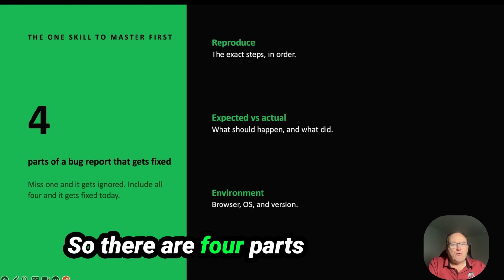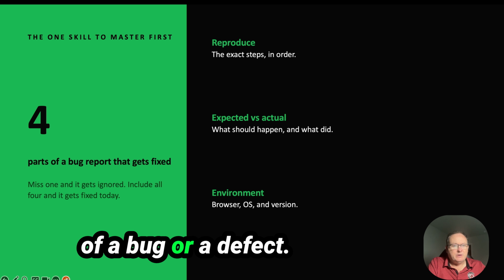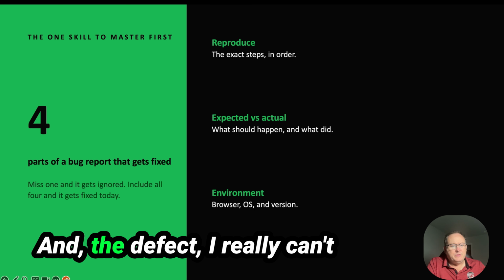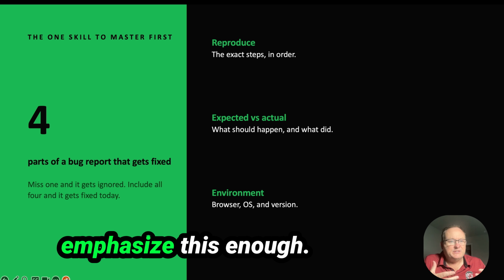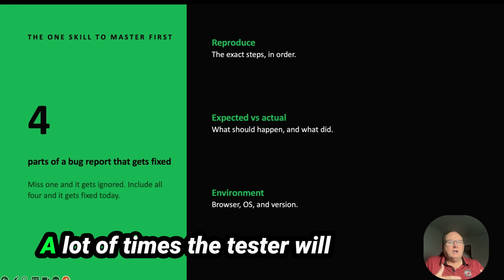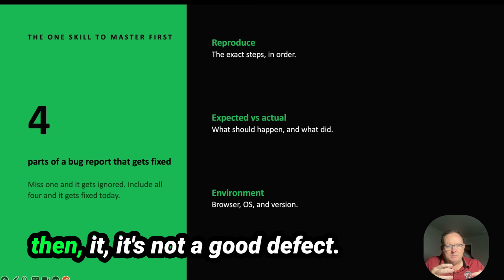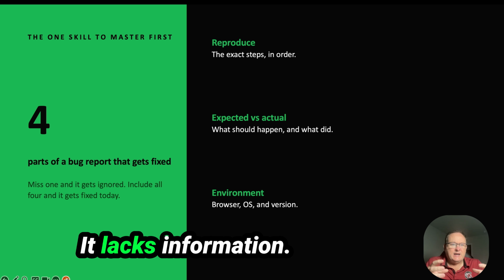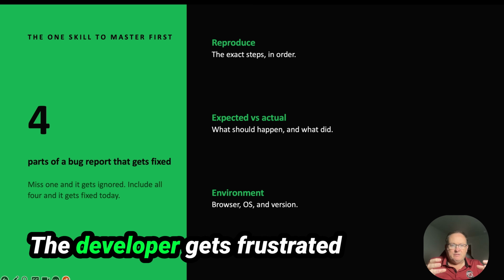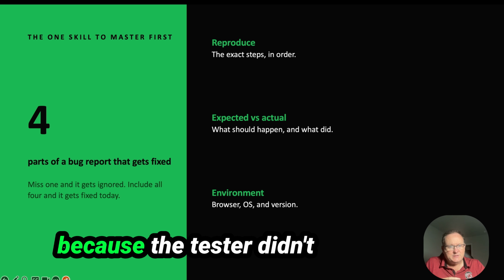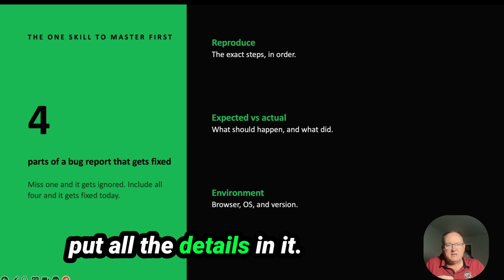So there are 4 parts of a bug or a defect. And the defect, I really can't emphasize this enough. A lot of times the tester will skip parts of the step. And then it's not a good defect. It lacks information. The developer gets frustrated because the tester didn't put all the details in it.